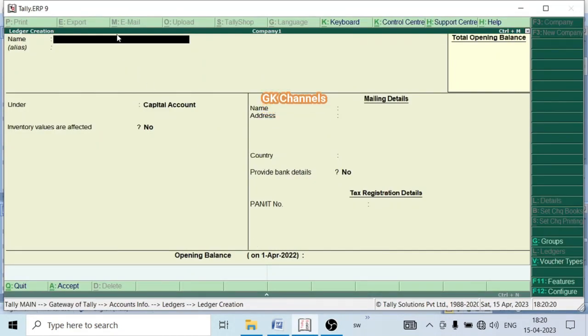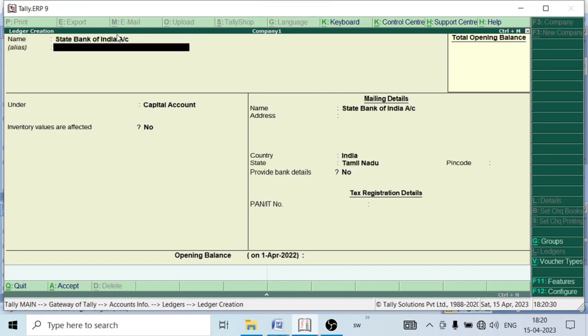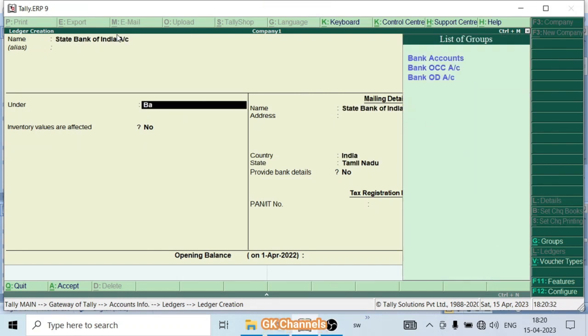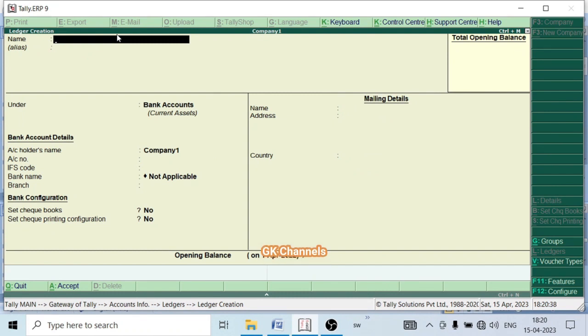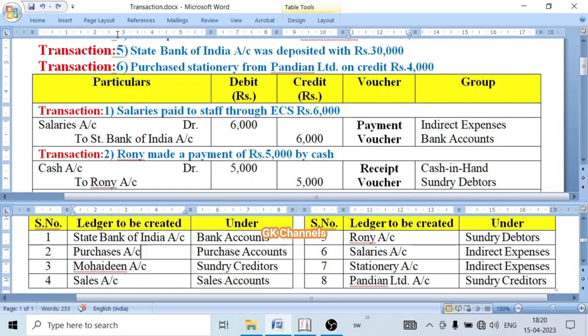So I am typing the ledger name as State Bank of India A/c under bank accounts, and all other things I am skipping, and I am giving Control A to save.